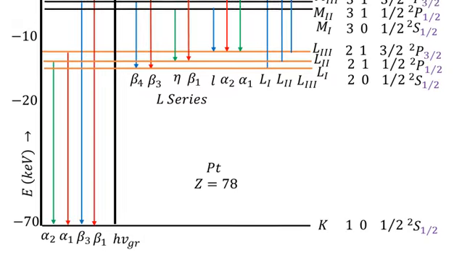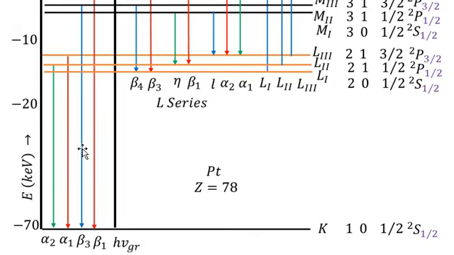So you see that the K series will be labeled as K alpha, K beta, K gamma, K delta, and so on. And this will form the K series.